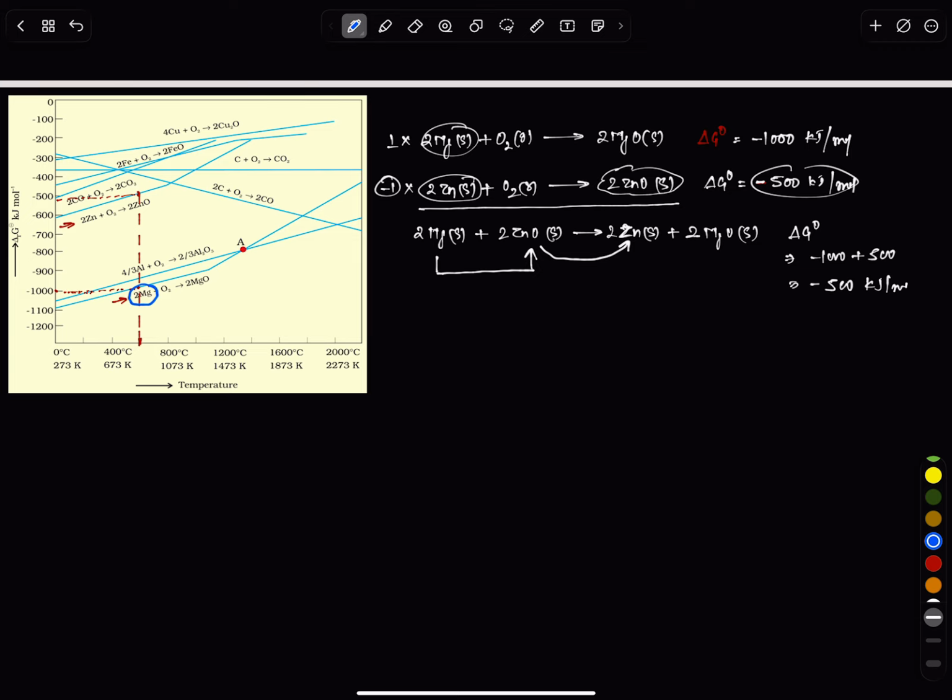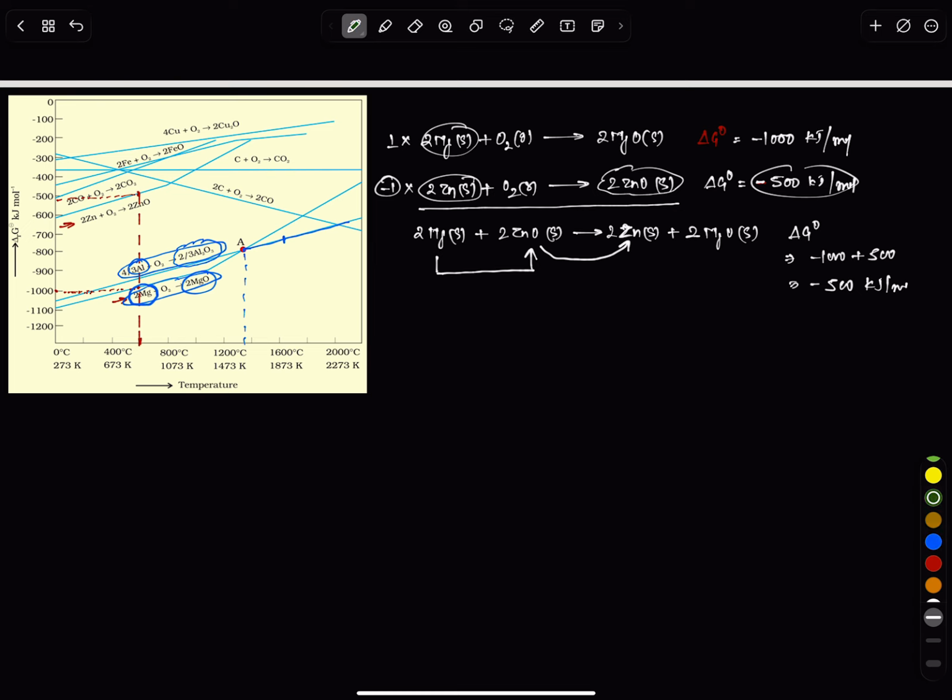So magnesium will be able to reduce Al2O3, of course below this temperature. Above this temperature, the aluminium line comes at the bottom and the magnesium line goes above, so aluminium will be able to reduce magnesium oxide.